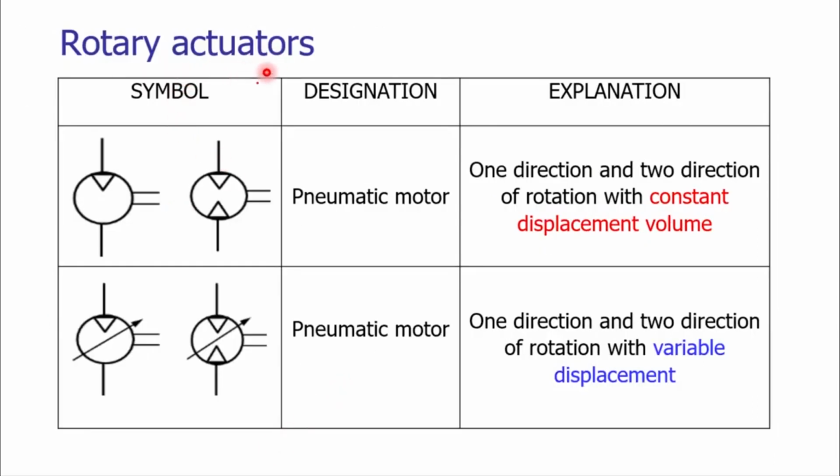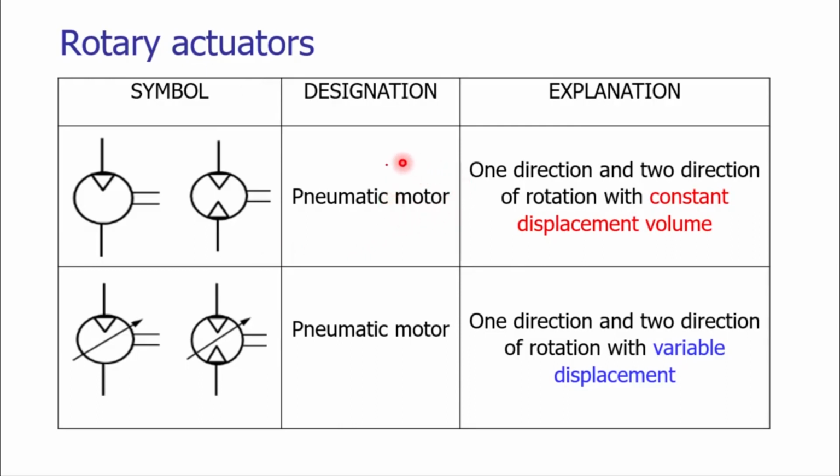Now the rotary actuators can be designated by using the symbols which you can see on your screen. We use a circle with a triangle, and the direction of the triangle is opposite to the direction of the triangle for the compressor. It is an actuator which is driven by the compressed air.